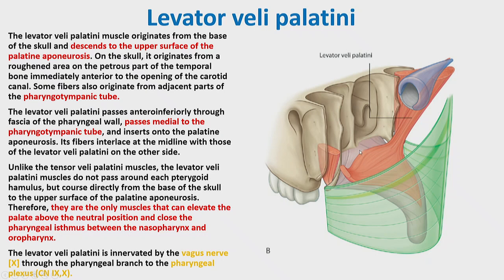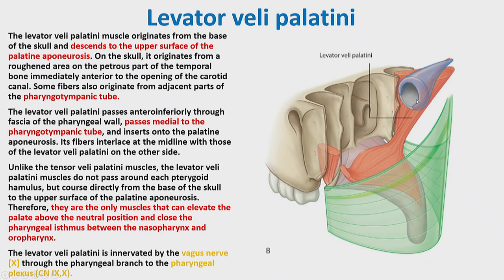As you see, here is the aponeurosis, and here is the upper surface of the palatine aponeurosis. Then it continues to the other lamella, and it is also adjacent and medial to the pharyngotympanic tube, or the eustachian tube. So that's why in some literature you can also see that the levator veli palatini affects the eustachian tube.